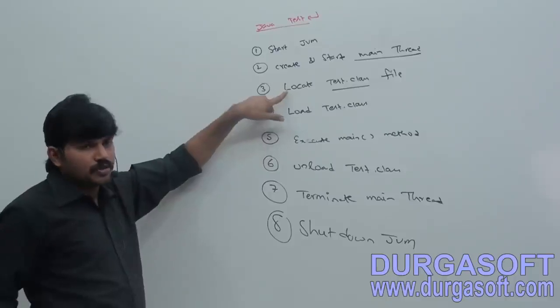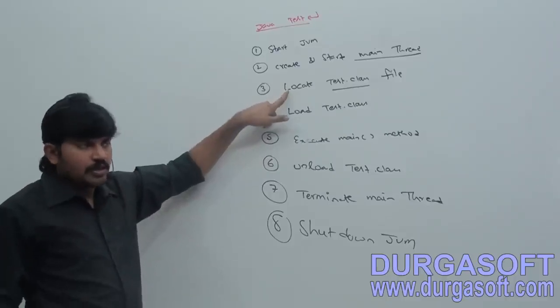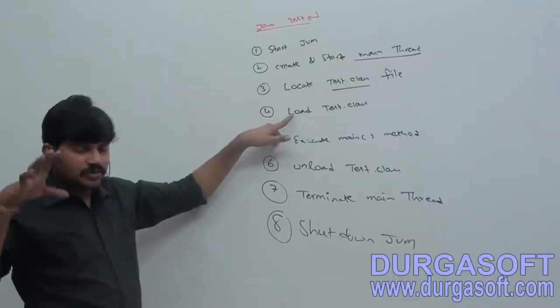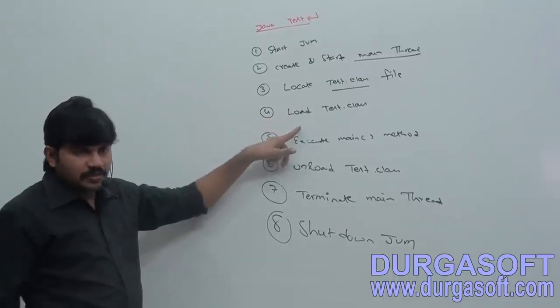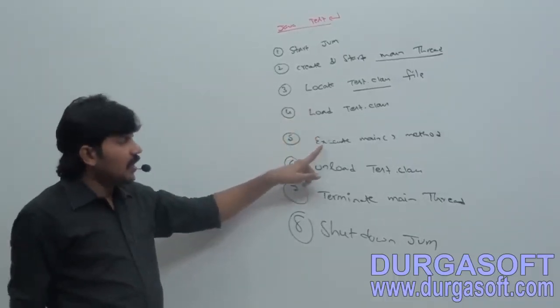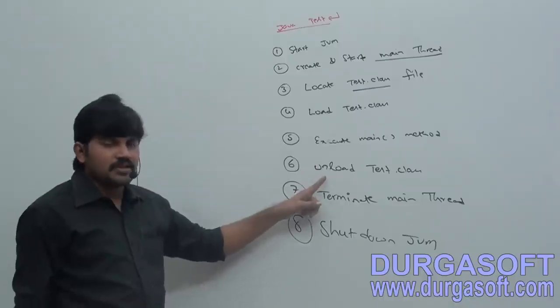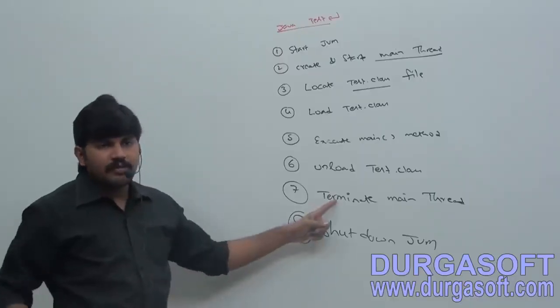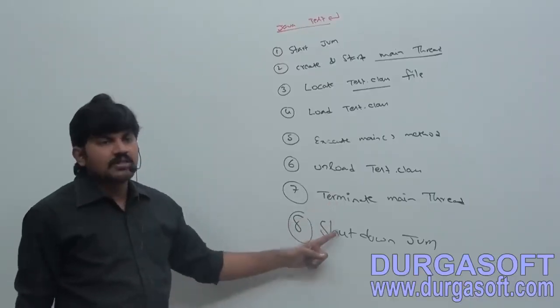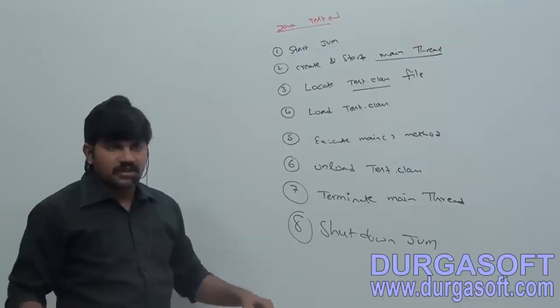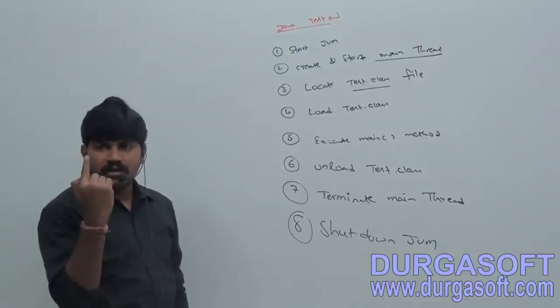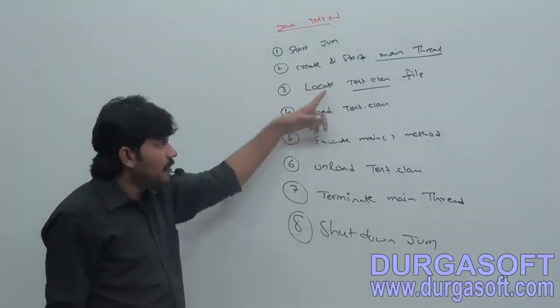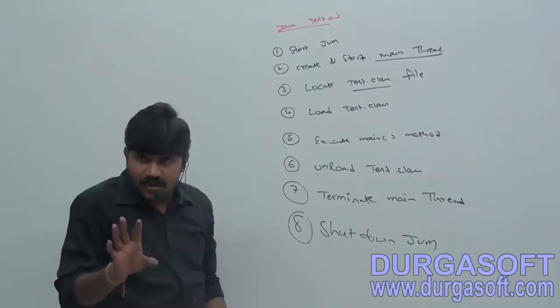Main thread is responsible to locate the Test.class file. If it is available, the main thread is responsible to load it, execute the main method, and after completing the main method, unload it. The job of the main thread is completed, the main thread will be terminated by the JVM, and the JVM's job is already completed, so shut down the JVM. That's all. A simple activity, Java Test, and internally how many things happen. Clear for all of you?